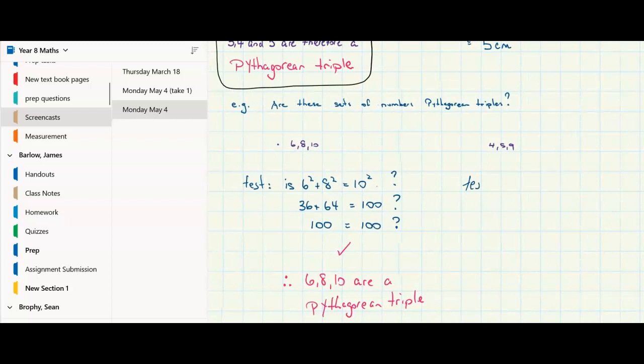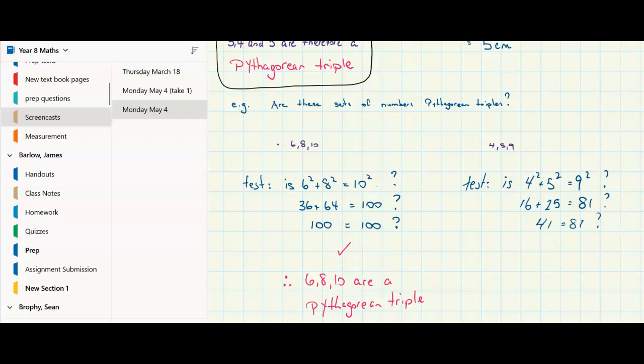Let's do it. Is 4 squared plus 5 squared equal to 9 squared? 4 squared, 16. 5 squared, 25. Is that equal to 9 squared, 81? I don't reckon it is. 16 plus 25, that's only 41. 41's not equal to 81.